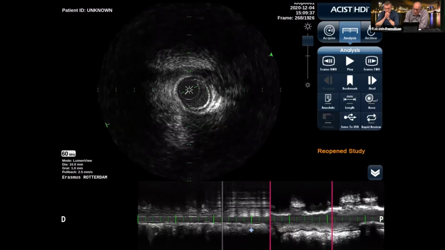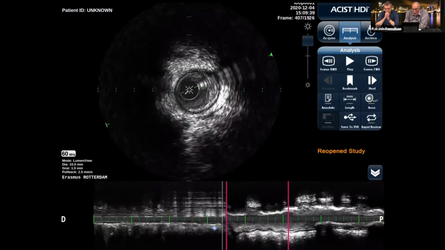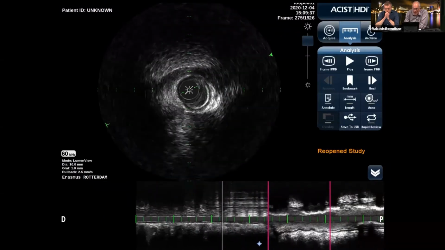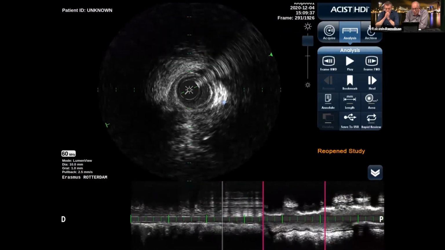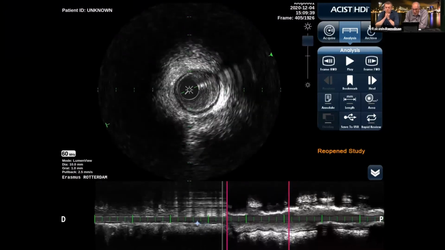Or if you give nitrates, you can even see on the spot that your vessel gets larger. So here we have this region that we say, well, it's normal, but it's highly suspected for spasm. It's also quite small.